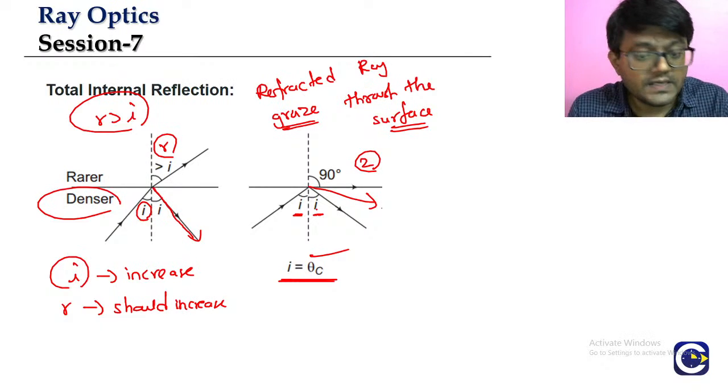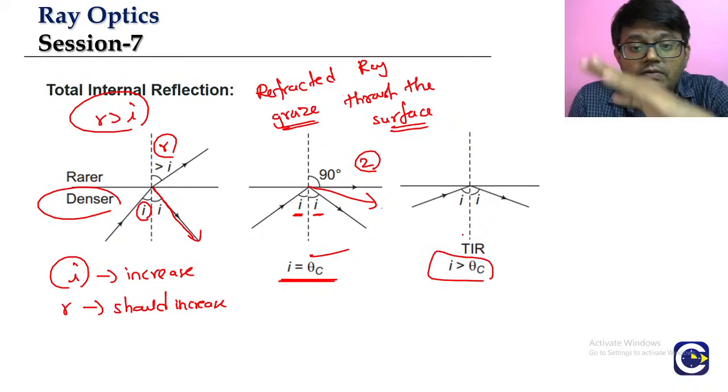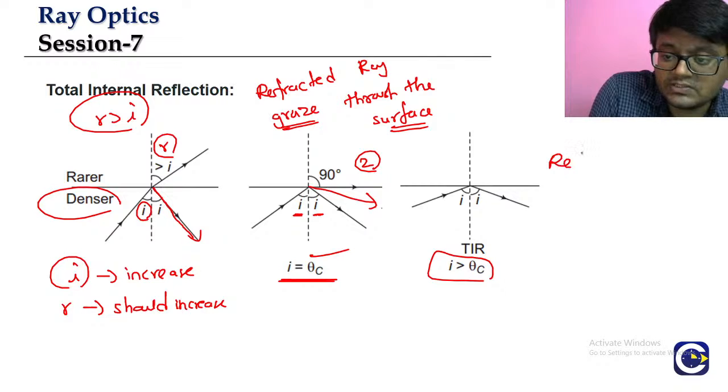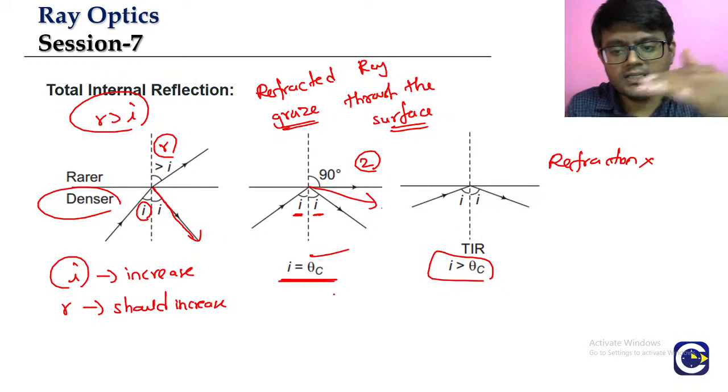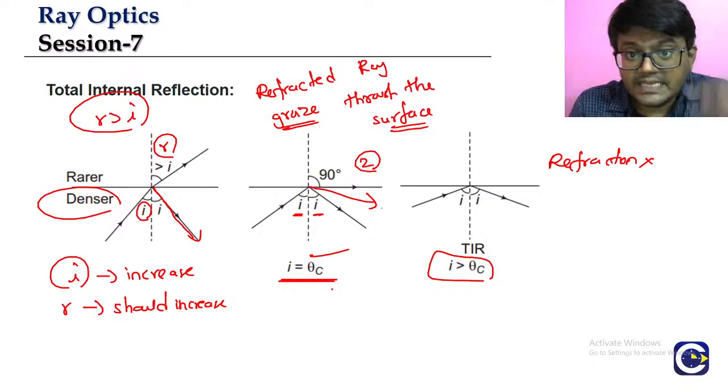Which means if the angle of incidence is more than this critical angle, then we will not have any refraction. There will be no refraction. There will be only reflection. And this happens when we are incidenting a ray from denser medium to rarer medium.